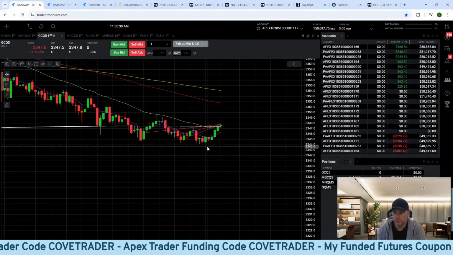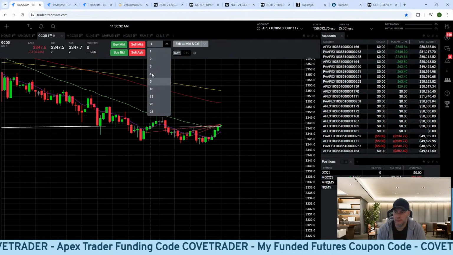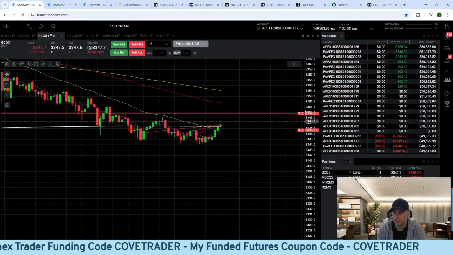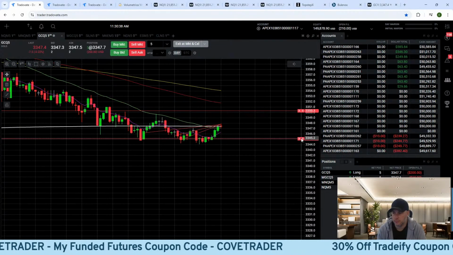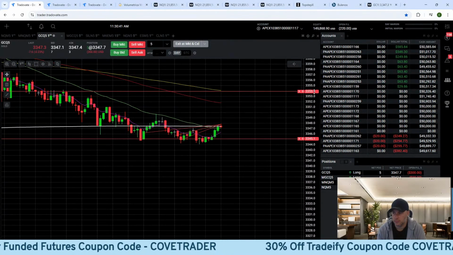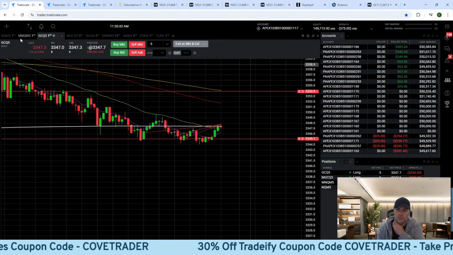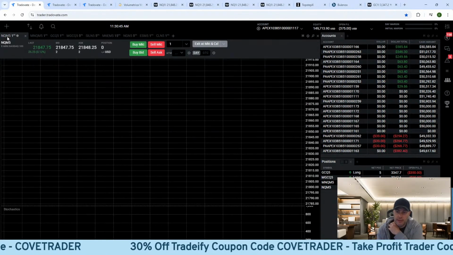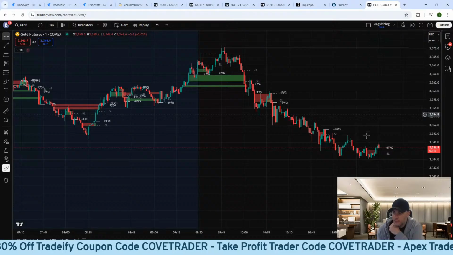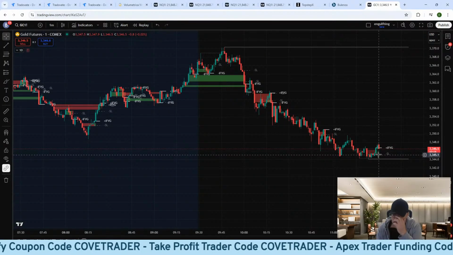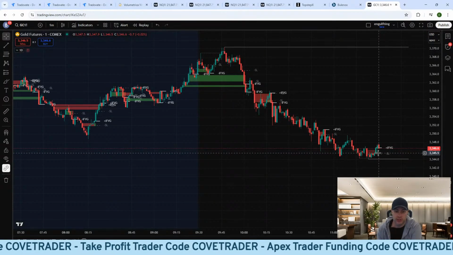My stop is 45. This is the first time I've ever taken gold using a fair value gap inversion on the one. So I'm just letting you guys know.